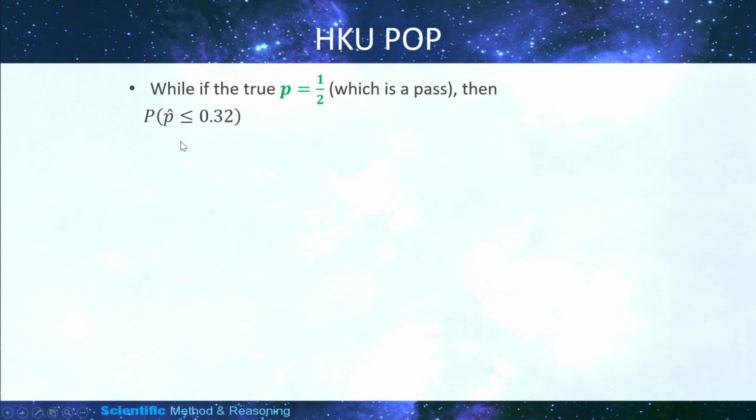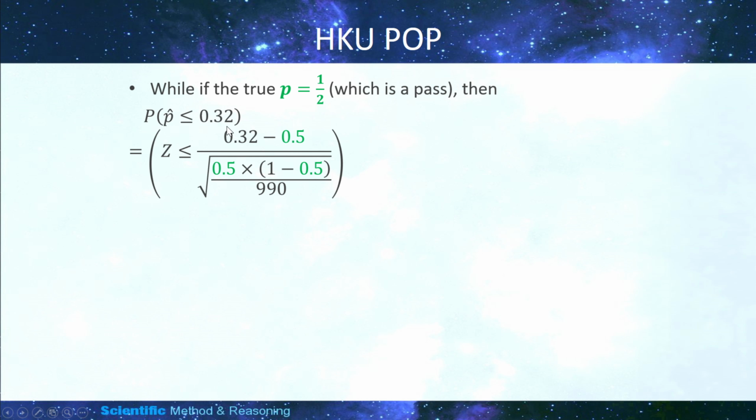What is the probability of observing such an extreme observation with a p hat of only 0.32, or even less than 0.32 or more extreme? We can calculate this probability as 0.32 minus the mean, divided by the square root of p times 1 minus p over n. And this probability is also extremely small.